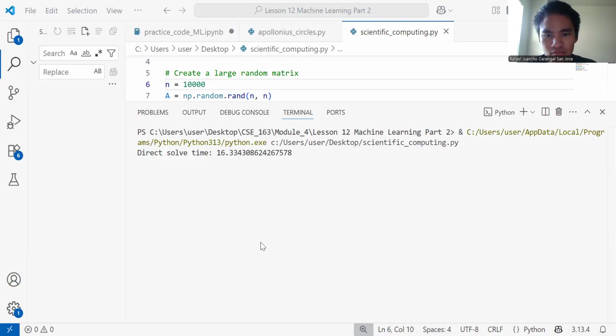Oh, okay. So Python's doing something to make it really quick. Oh, okay. So direct solve time took 16 seconds.